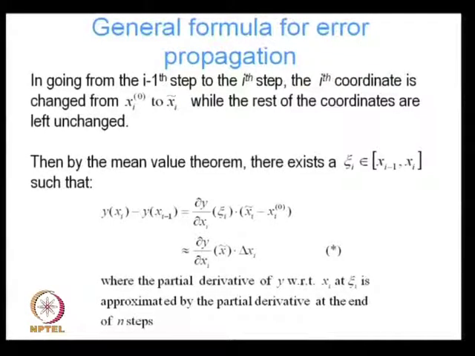The approximation is because we have evaluated the partial derivative of y with respect to xi at the end of my n steps. That is, I am evaluating del y del xi at the final value, which is x tilde.